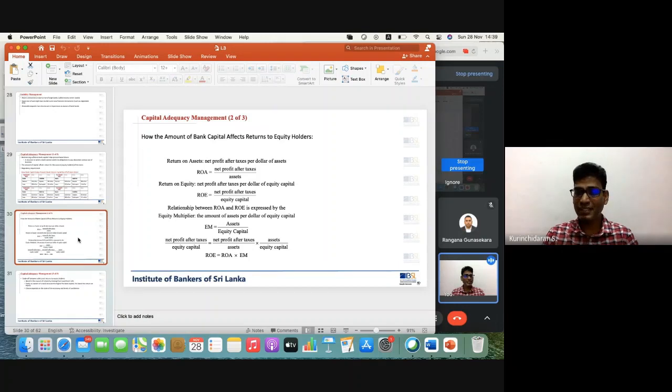That's what matters when we decide on capital adequacy management. So you have to always think about the return you are going to pay to the shareholders. Is that clear?